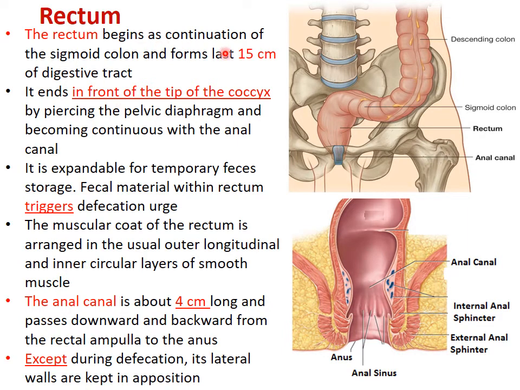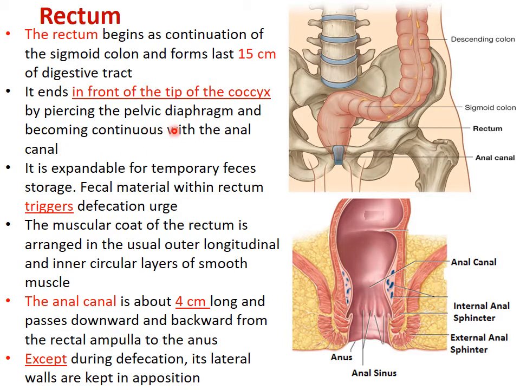Now, the rectum begins at the continuation of the sigmoid colon and lasts for 15 centimeters of the digestive system. 15 centimeters is hardly more than 1 foot, right? But this is very, very important. Why? Because it ends in front of the tip of the coccyx by piercing the pelvic diaphragm and becoming continuous with the anal canal.